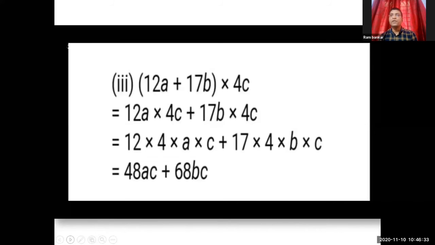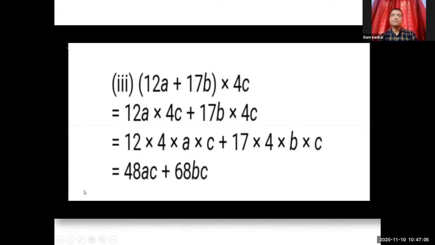Plus 17 into 4. 17 4s are how much? 68. Yes, 17 into 4, 68. 17 2s are 34, 17 3s are 51, 17 4s are 68. Very good. Who is reading the table? Come on, read. Sir, can I?